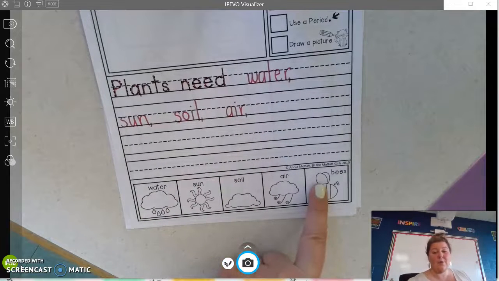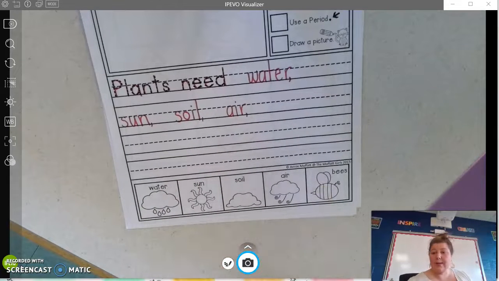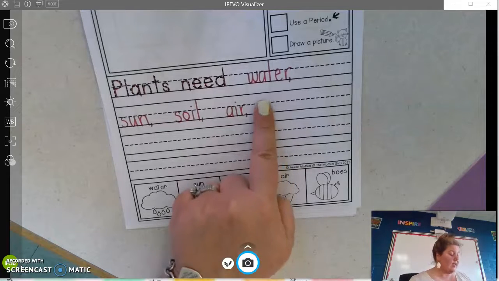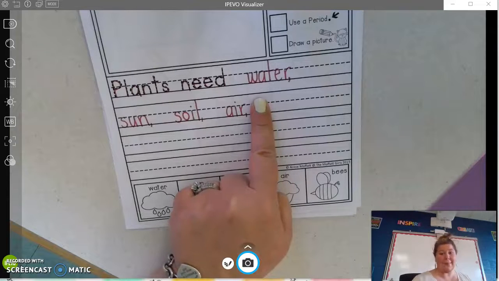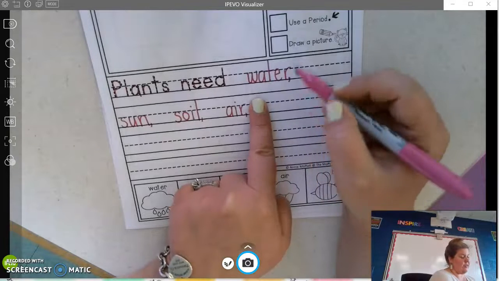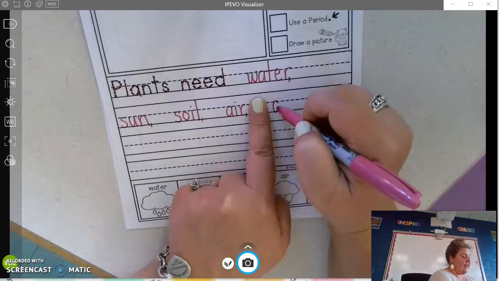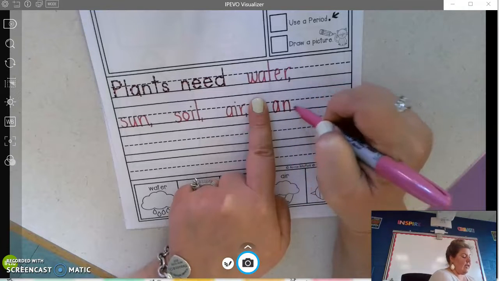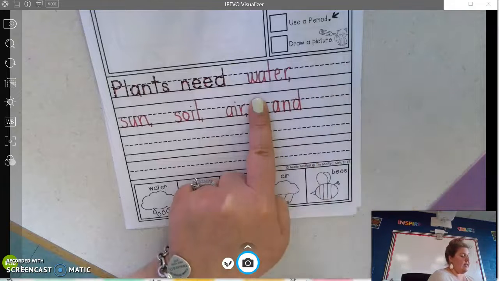Now, before I write bees, I want to write the word and. When we write a list of things, before the last word, we always write and. So I'm putting my finger here, and I'm going to write and. And is a sight word. Do you remember how to spell it? A-N-D.